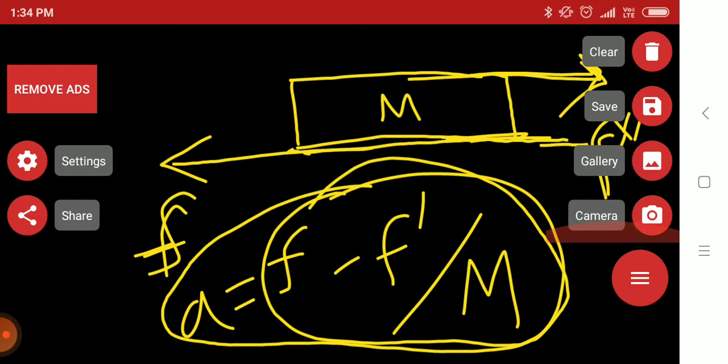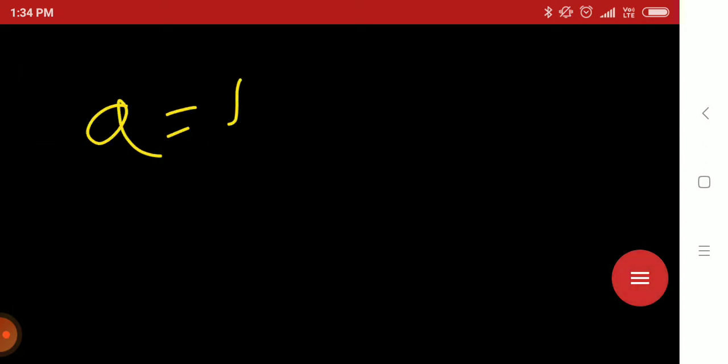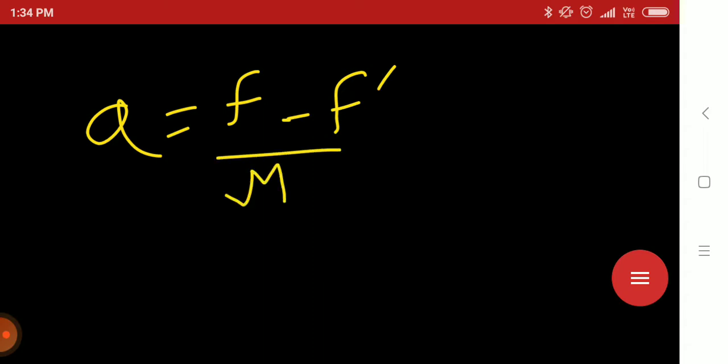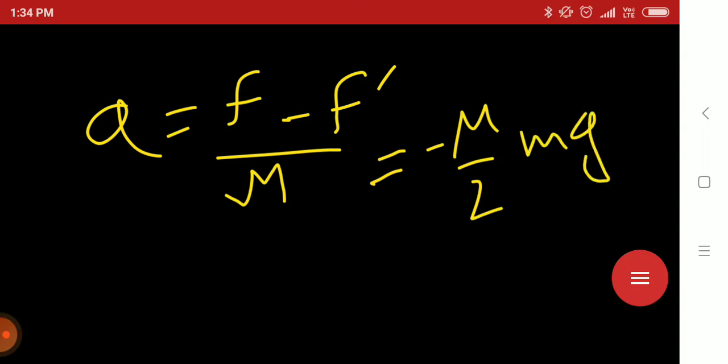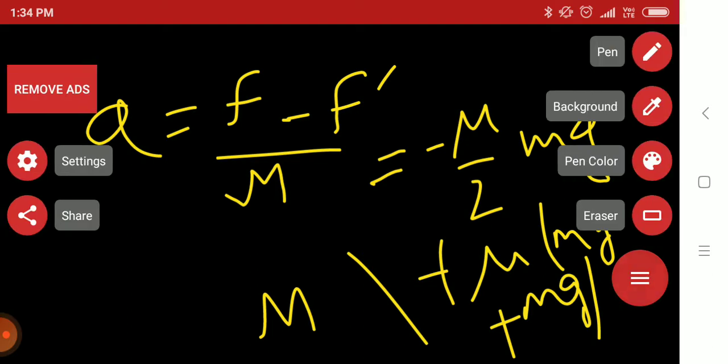So let's write the mathematical expression of this. A equals F minus F prime divided by M. So F minus F prime equals what? Minus mu by 2 mg, plus mu into (capital M g plus small m g) whole divided by capital M. Let me write clearly.